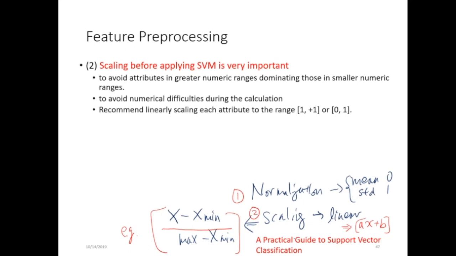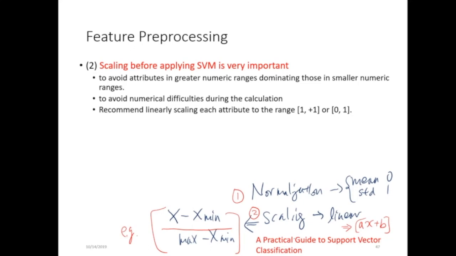Height is normally within 6 or 0 if you use feet, but weight is normally 0 to 300, maybe 200. So it's very difficult if you do not normalize your features. The weight feature will dominate over the height feature, especially if your data are small, and it's very tricky in those cases.